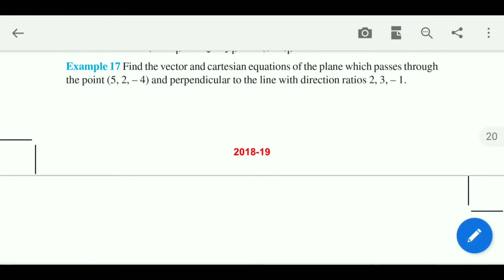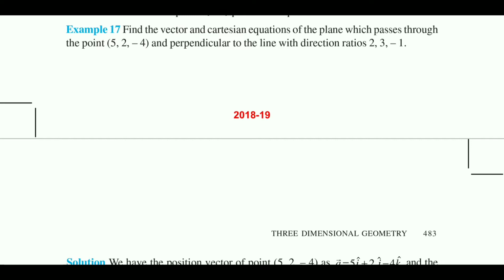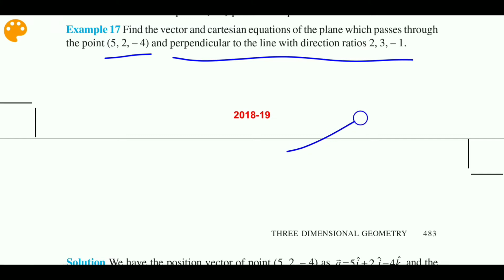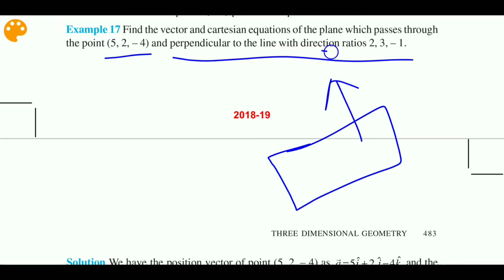Next question, number 17. Find the equation in Cartesian and vector form of the plane which passes through this given point and is perpendicular to the line whose direction ratios are given. This plane is perpendicular to a line whose direction ratios are 2, 3, -1, and passing through this point.